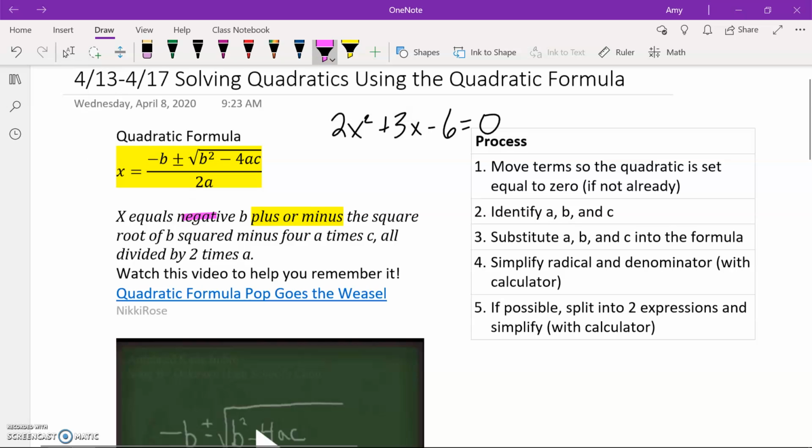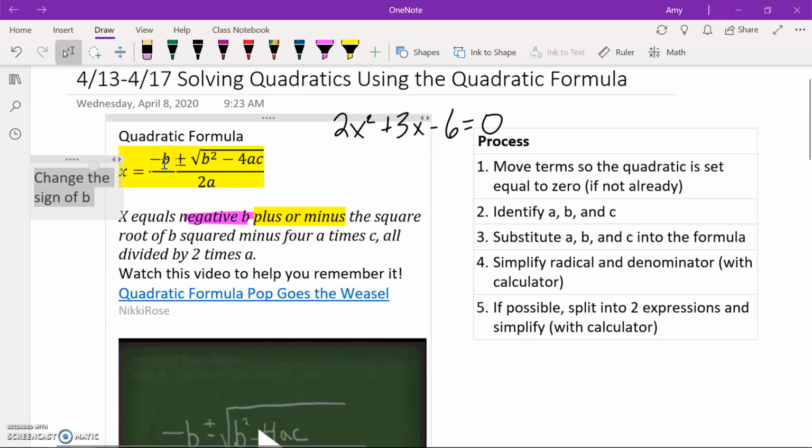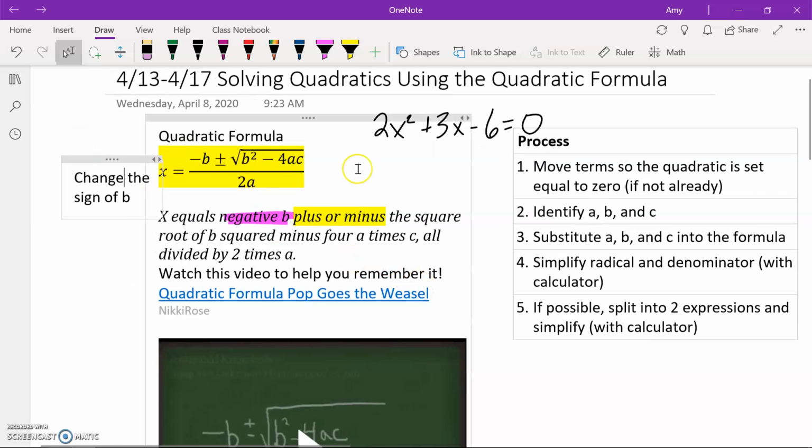That negative b means to change the sign of b. So if b is positive, it's going to be negative over here. If b was negative, though, it's going to become positive. So we're changing the sign of the number.